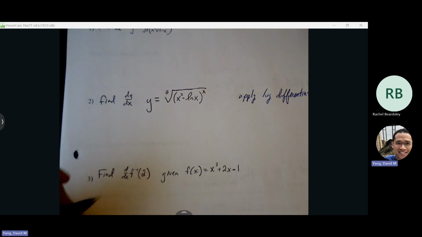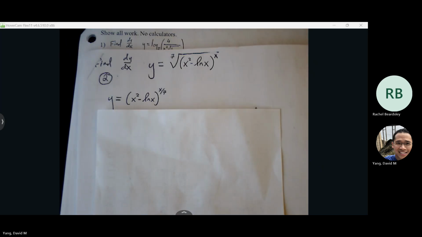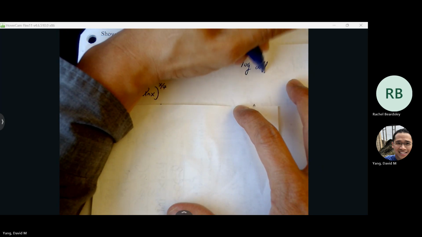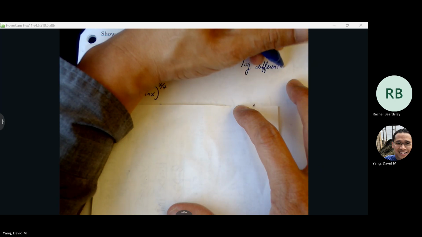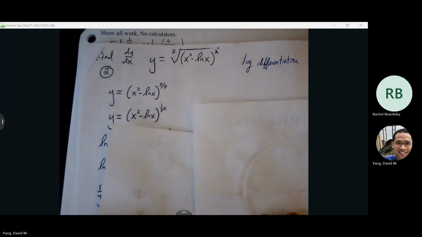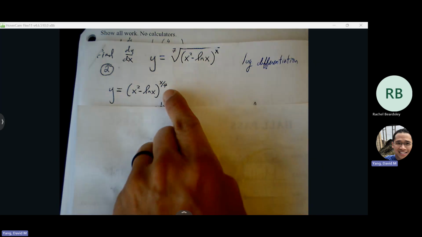So first, let's rewrite using rational exponents. Okay, so this is raised to the x over 7.